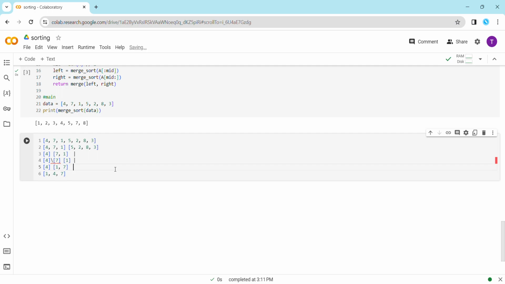So moving on to the right side, 4, 2, 8, and 3 will be divided into 2, where there will be 4 and 2 in the left, and 8 and 3 in the right.